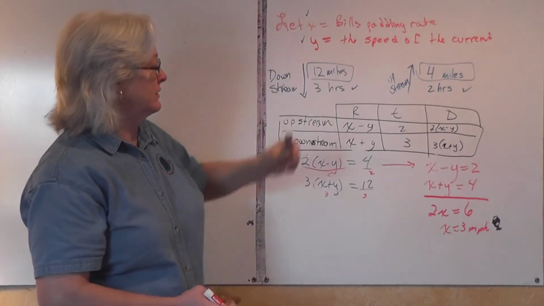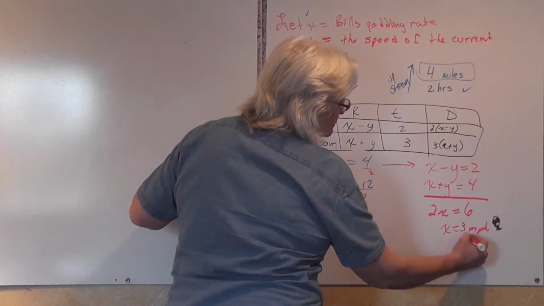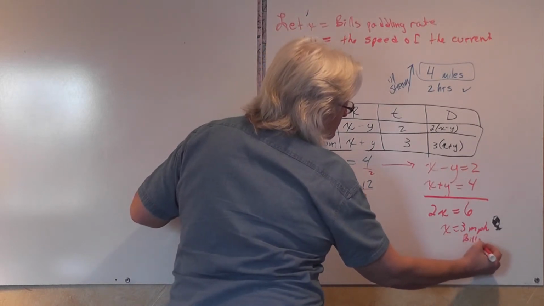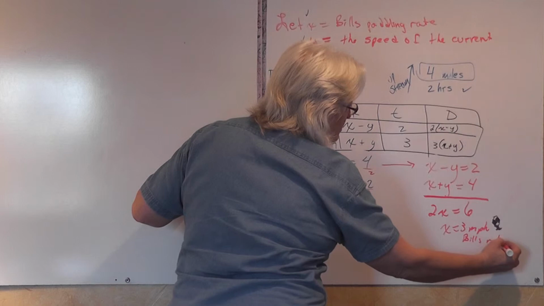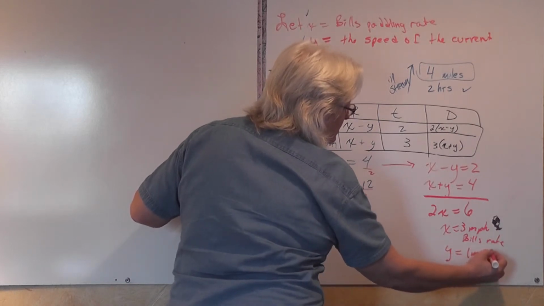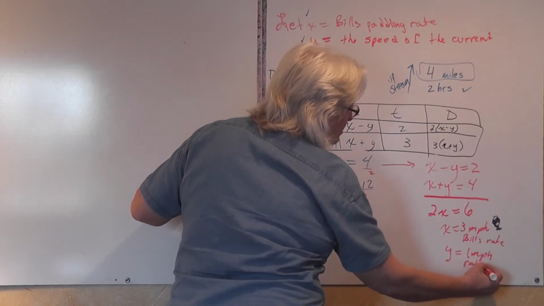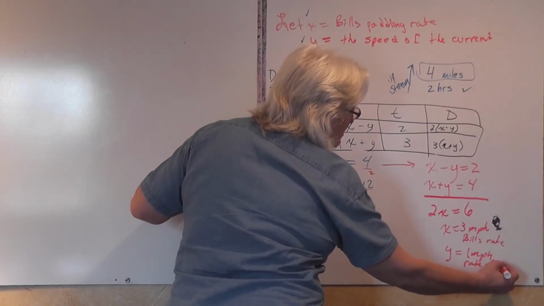That's Bill's paddling rate. What is y equal to? Y is equal to 1 mile an hour, which is the rate of the current.